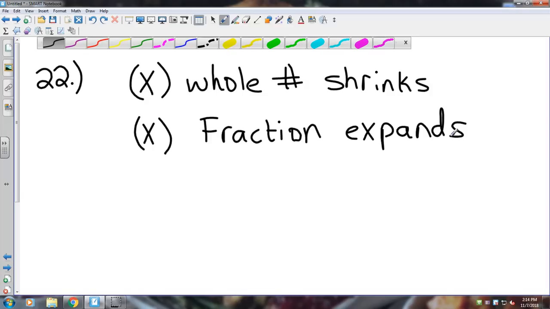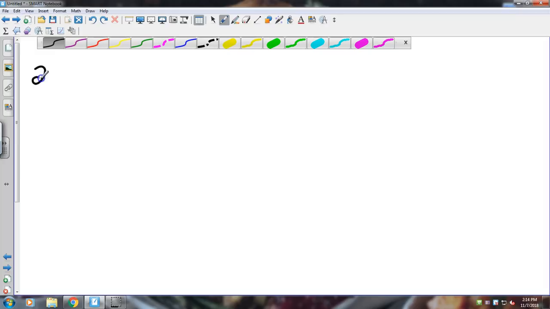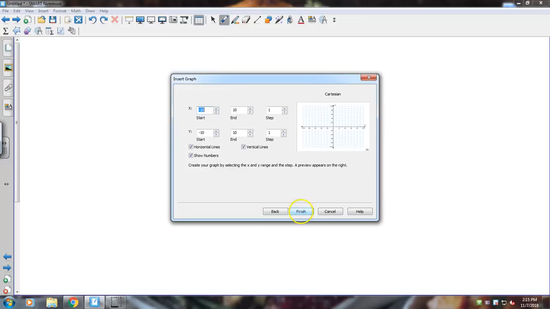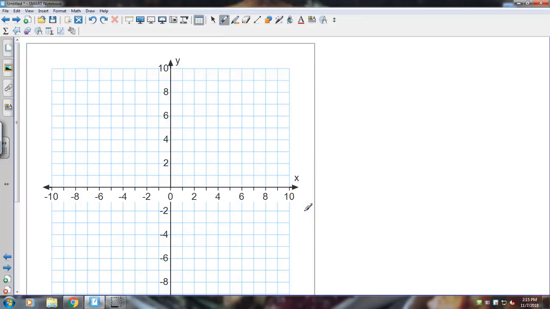Okay, again, it's just function notation. It is what it is. Number 23. I think 23 we're going to have to graph, aren't we? Yep. Yeah, 22 just, no. It shrank. Yeah, shrank by 2.